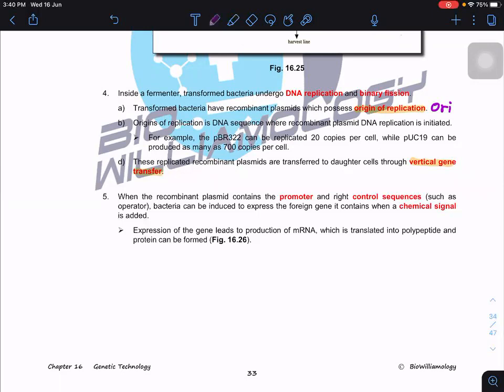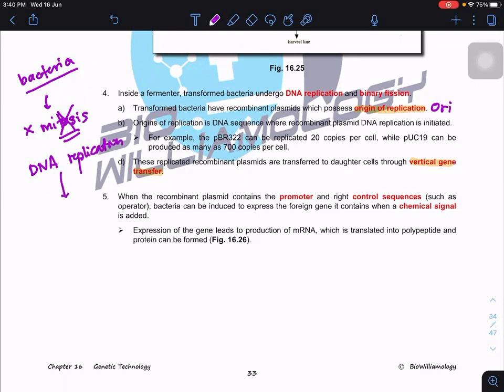And be careful, guys. I have seen students write about this: bacteria cannot carry out mitosis. They don't have a nucleus. So don't write that bacteria carry out mitosis. No, don't write this. Bacteria skip mitosis. They will have the DNA replication.